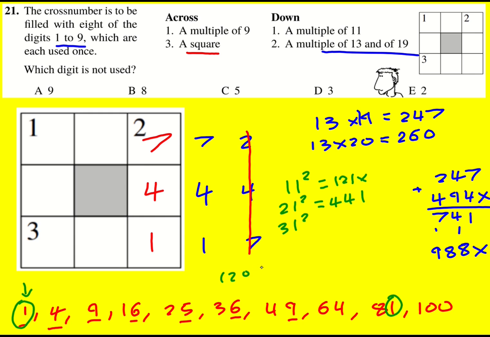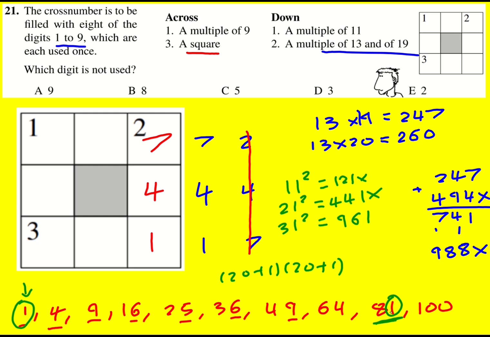You can do 20 plus 1 times 20 plus 1, which gives 400 plus 40 plus 1. And then 31 squared, you can do a similar thing. It's going to be 900 plus 60 plus 1, 961. So 31 squared is a possibility for the moment.